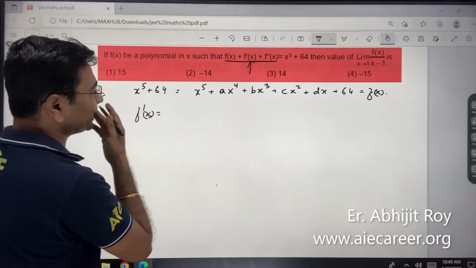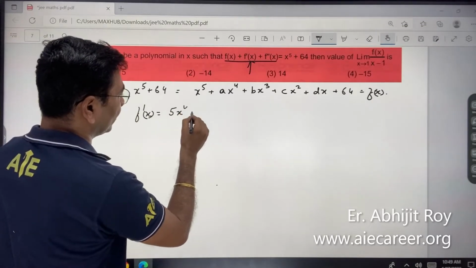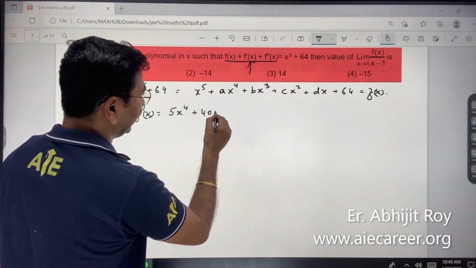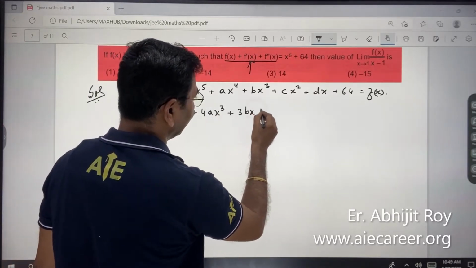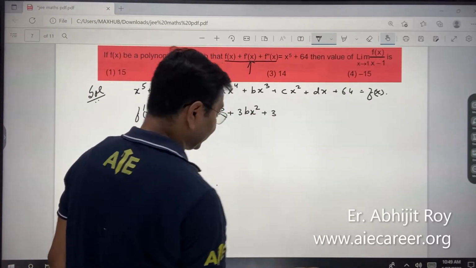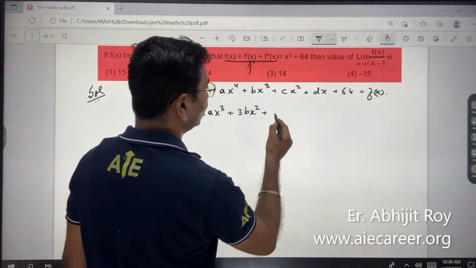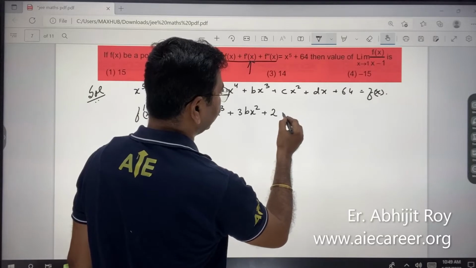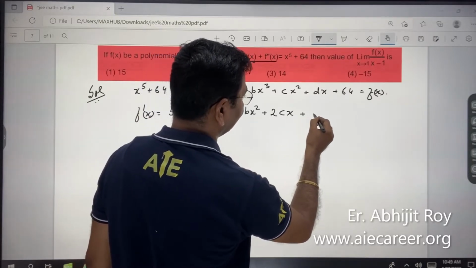So if you differentiate this, you are going to get it as 5x to the power 4 plus 4a x cube plus 3b x square plus 2c x plus d.